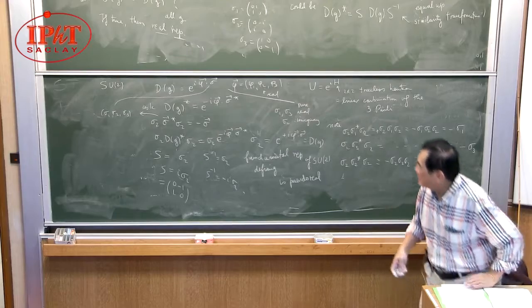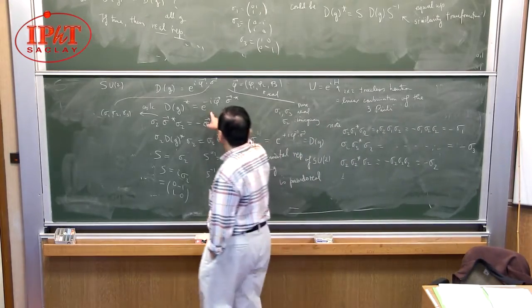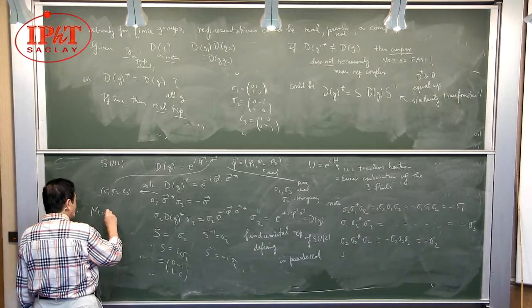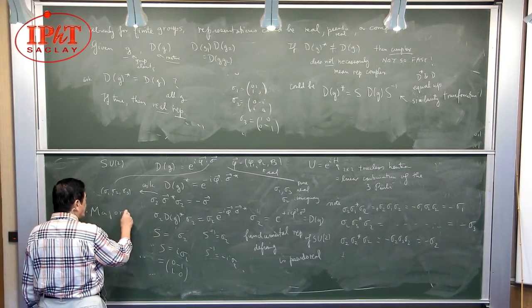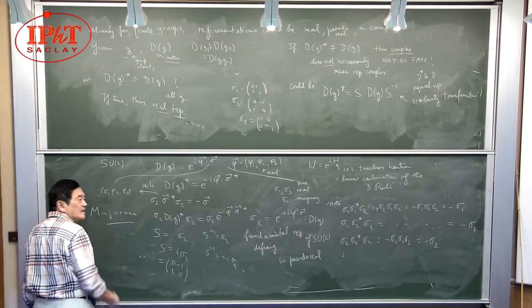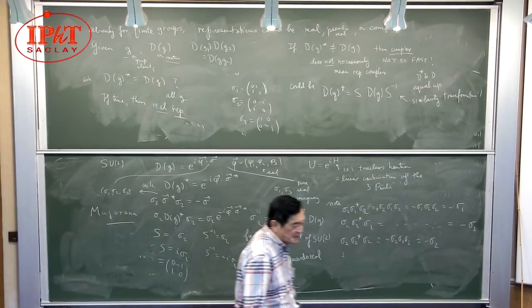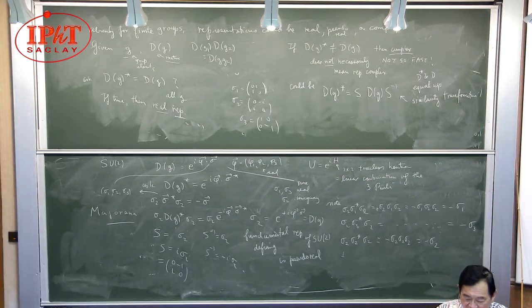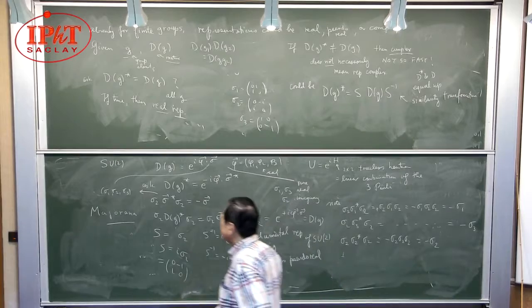But the amazing thing is that this fact that I showed you here has to do with the discovery of Majorana, that one could define Majorana spinors, and this has become important in both particle physics and in condensed matter physics, as I said.